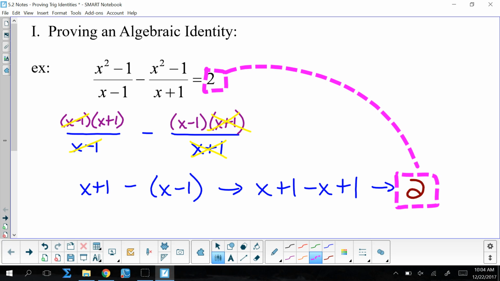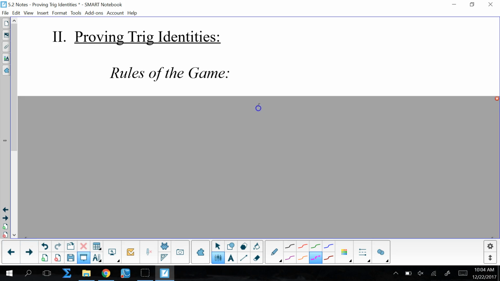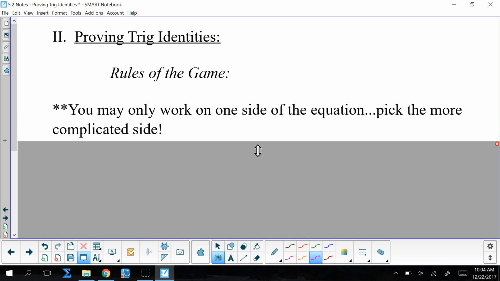Now, there are 3 rules to this game. The first rule is that you can only work one side of the equation. You can't do both. So you're going to pick the ugly, nasty looking, I'm scared, I don't even want to, throw your pencil down side.